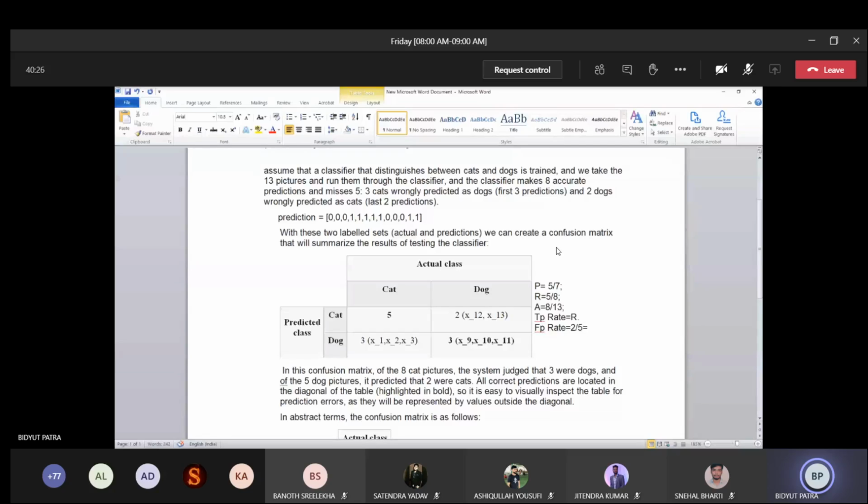This will be 0.4, right? And what will be the value of recall? 0.625. I can trust that, right?